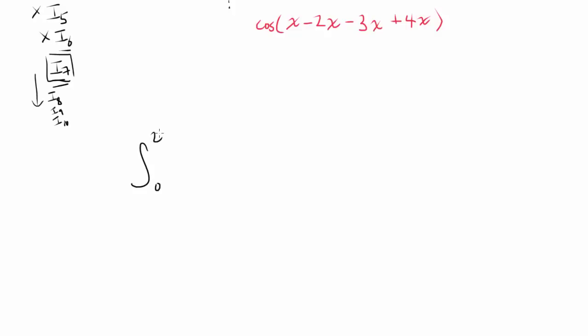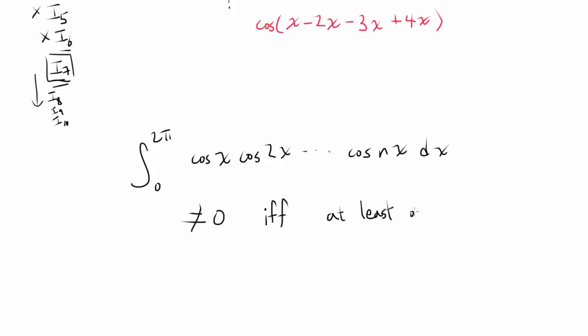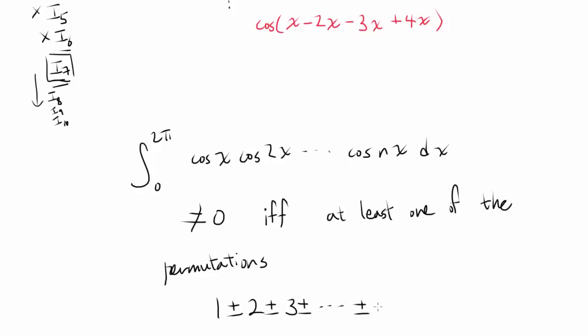It seems like the integral from 0 to 2 pi of cosine of x times cosine of 2x, all the way to, let's say, cosine of nx dx, is not equal to 0 if and only if at least one of the permutations, and we're going to count how many permutations soon enough, 1 plus or minus 2 plus or minus 3 plus or minus, all the way to plus or minus n, is equal to 0. And of course, I'm talking about some positive integer n.